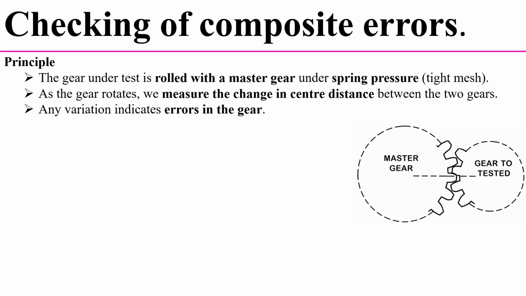So after the tight meshing, we rotate the gear, then measure the center distance between the master gear and the gear to be tested. If the center distance is constant, there is no error in the gear. If the center distance varies, it indicates an error in the gear.